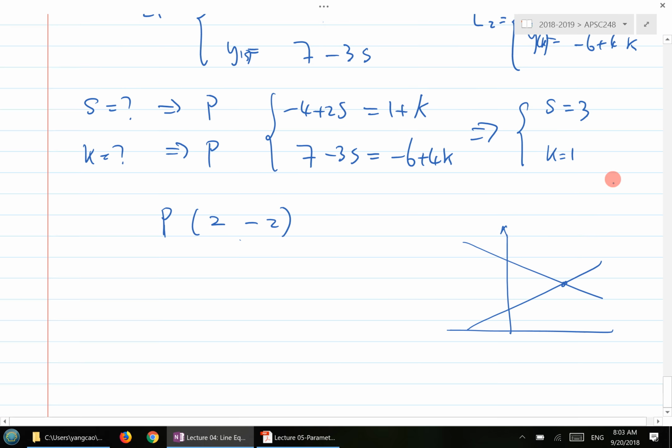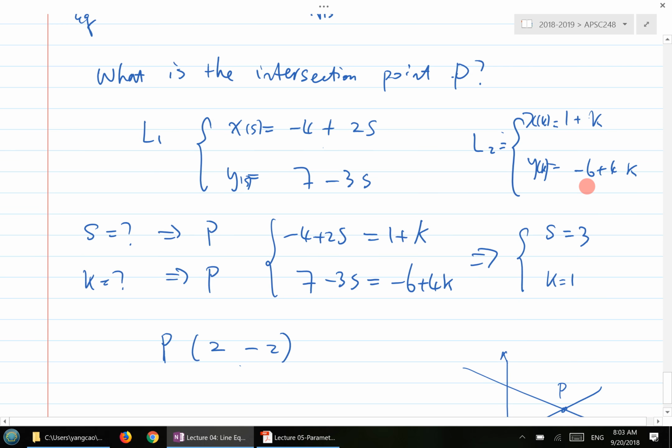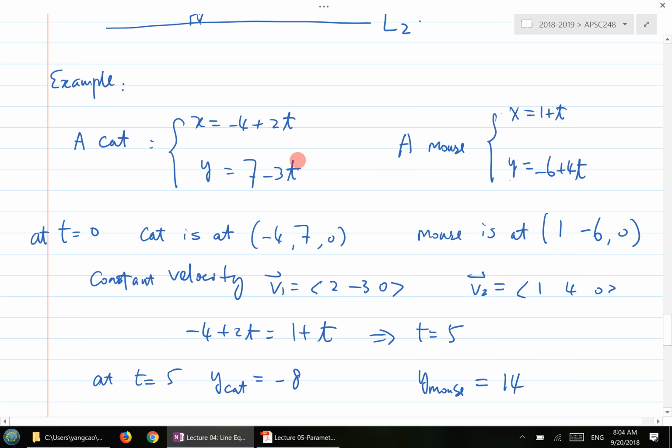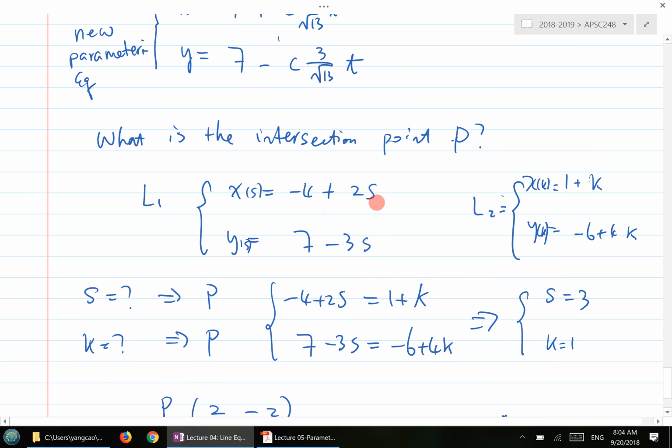So then let's calculate the intersection point between the two trajectories. And this is what I emphasized: when you calculate the intersection between two trajectories or two lines, you need to make a little change to the initial parametric equations. The initial parametric equations are given all in terms of parameter t, so we have to change them to a different parameter for the two sets of motion.